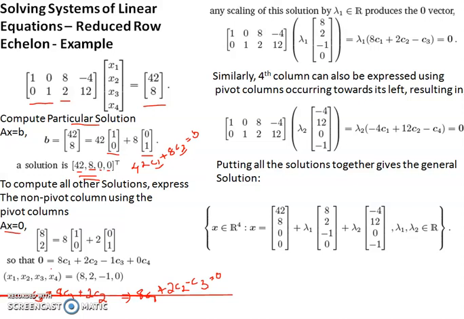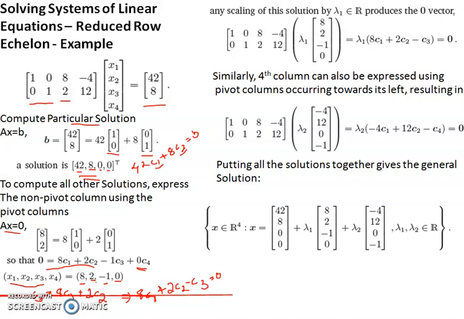The same thing is written here also, but since there is no C4 in the derived equation, it is taken as 0 C4. From this you can derive the solution for the tuple x1, x2, x3, x4, by taking the index values of C1, C2, C3 and C4. The index value of C1 is 8, C2 is 2, C3 is -1, and C4 is 0. Hence you get the values of x1, x2, x3 and x4.